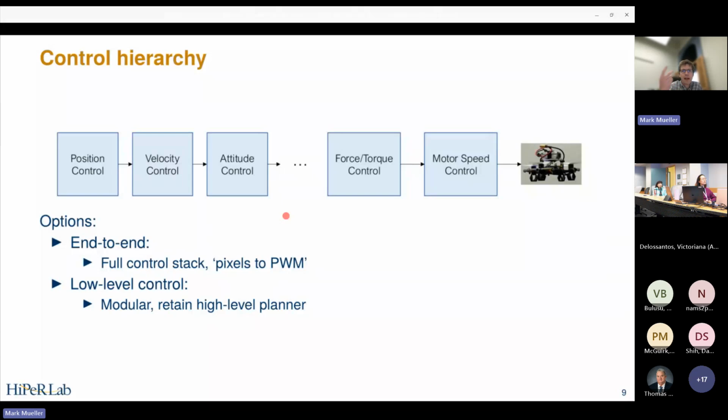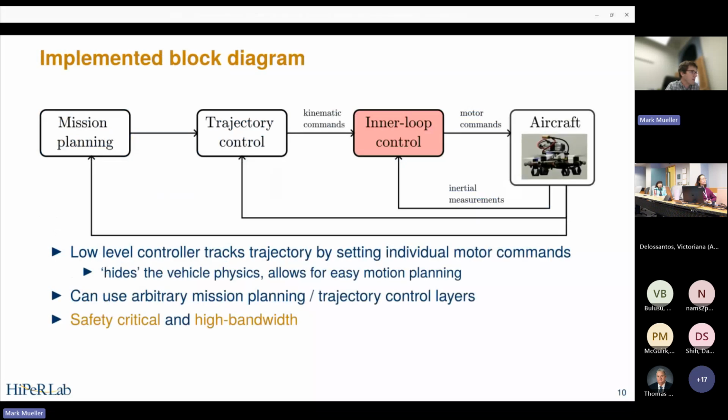That means you can use whatever mission planner and whatever trajectory generation routine you have, and plug it into this dynamics-agnostic low-level controller, allowing you to keep doing your mission without having to know your parameters particularly.